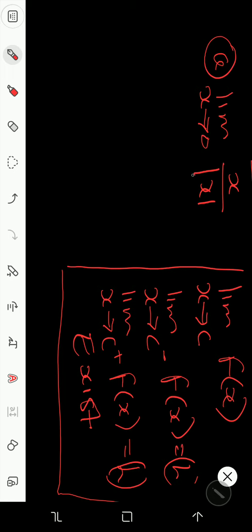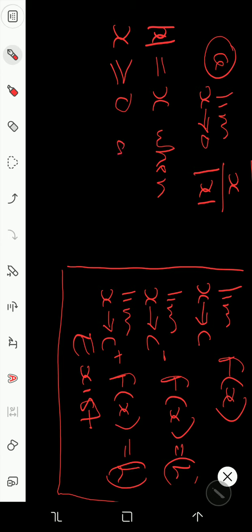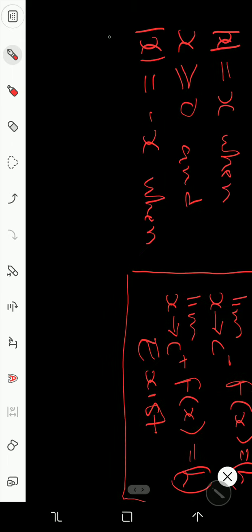So how we are going to go about this question is that we'll say the modulus of x is equal to x when x is greater than or equal to 0. And the modulus of x is equal to negative x when x is less than 0.